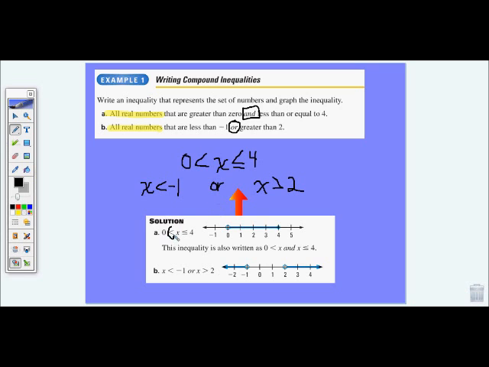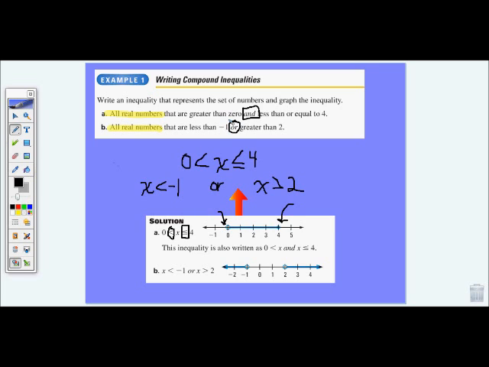Because this symbol here is just less than, it's going to be an open circle. Because this symbol here is less than or equal to, it's going to be a solid circle or dot. And because letter A was a compound sentence using the word "and," you will see the area between them is shaded in.